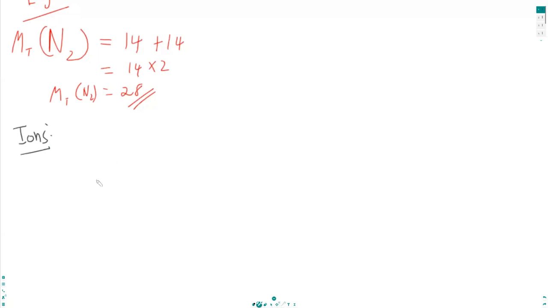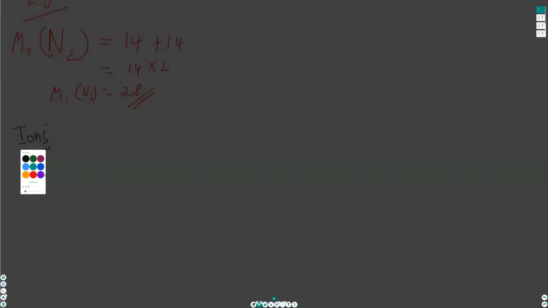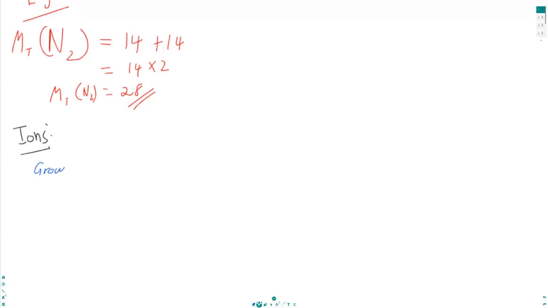Different groups within the periodic table have different ionic charges. So for instance, in group 1, we have 1 plus ions.